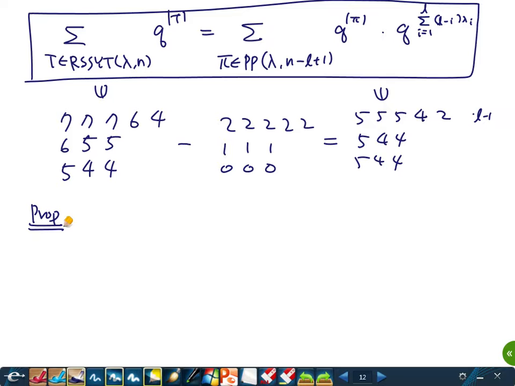This is a general fact in Schur functions. S lambda: if you multiply something to every variable like this, x1 through xn by z, you can factor this z outside. You only need to raise it to the size of lambda.